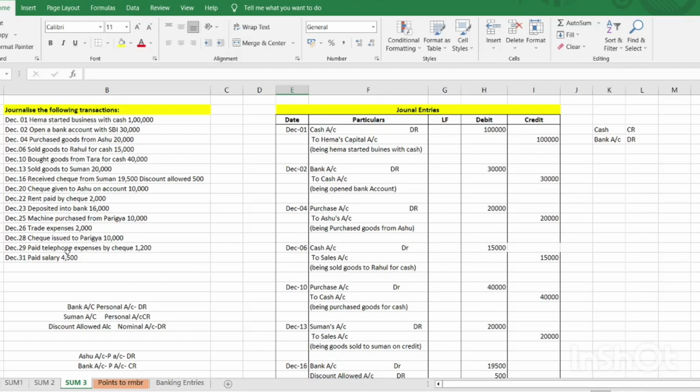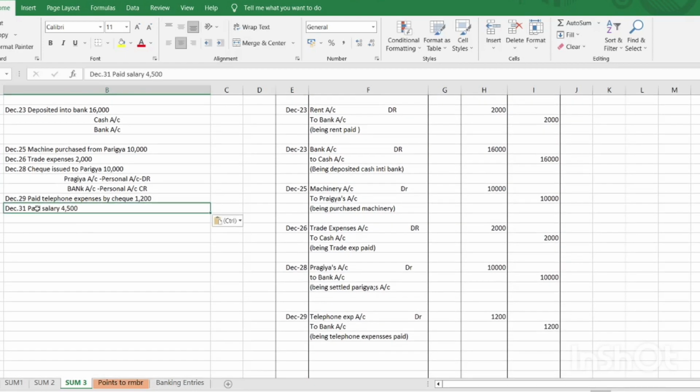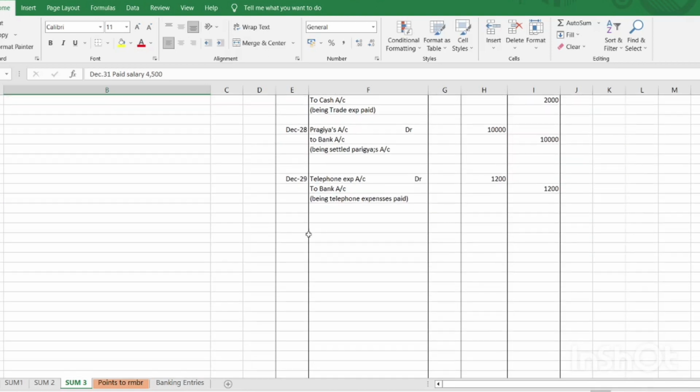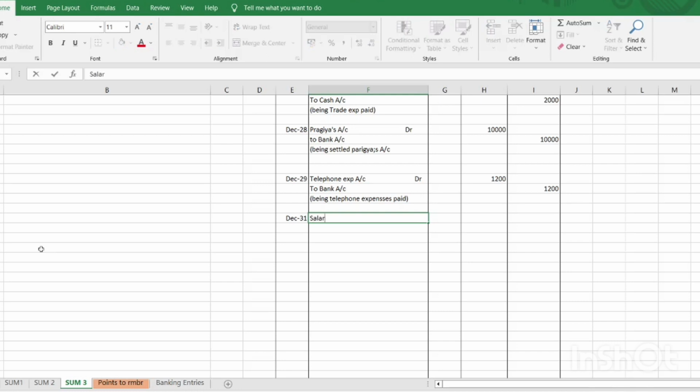Next, last entry on December 31st, paid salary, same treatment over here also. On December 31st, salary is an expense, so nominal account and debited.